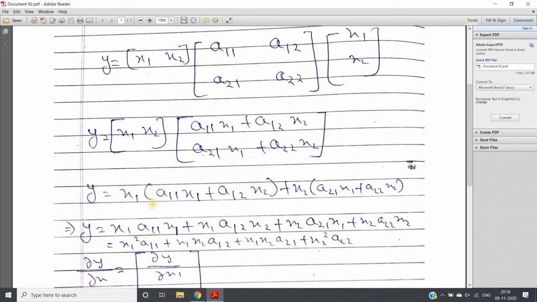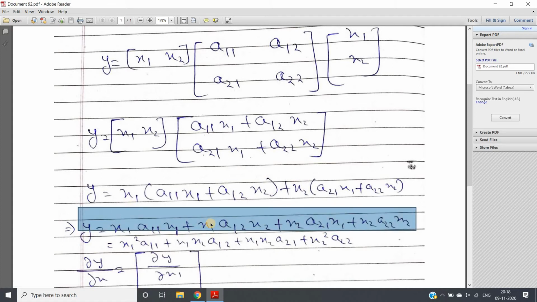Just remove the parenthesis, and y equals x1 into A11 into x1, plus x1 into A12 into x2, plus x2 into A21 into x1, plus x2 into A22 into x2. So this becomes our equation y.